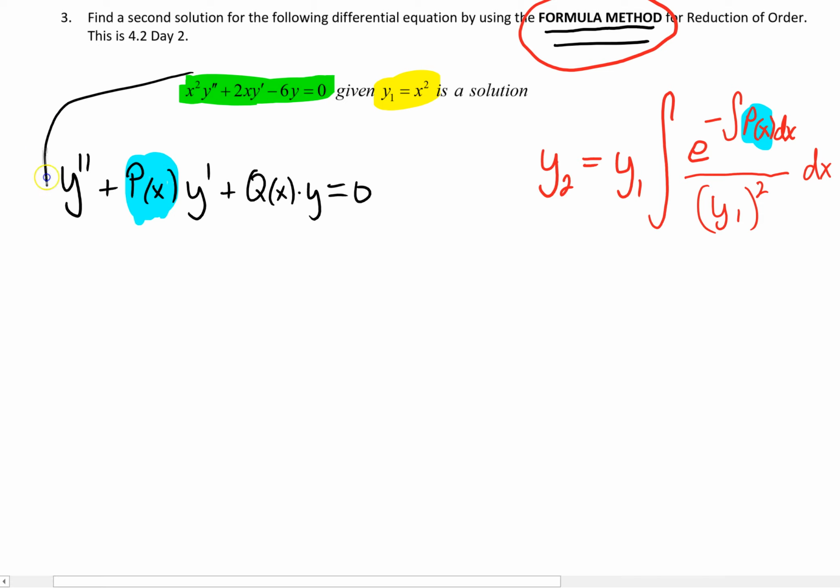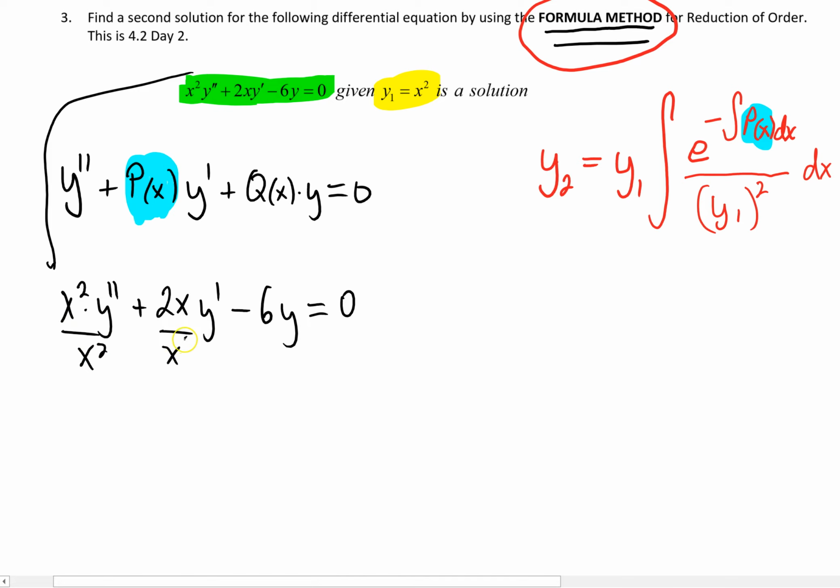So look, we're going to revisit x squared y double prime plus 2x y prime minus 6y is equal to 0. Here's our differential equation. You're going to say, wait a minute, I don't want to see an x squared there. I'm going to divide every term here by x squared, even the right side of 0. And what are we left with?